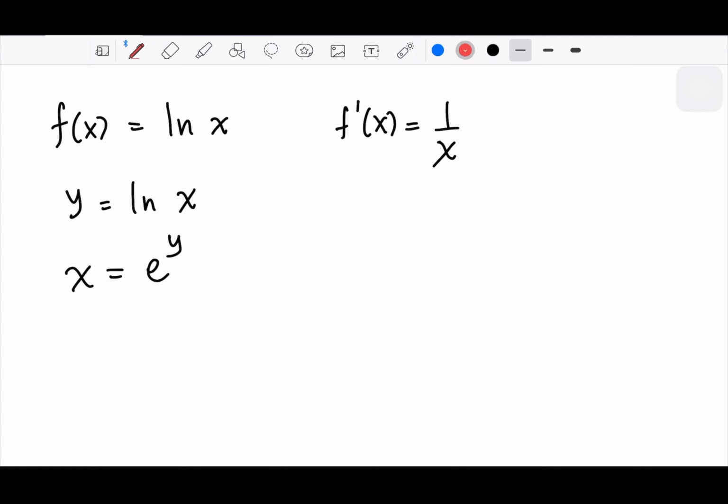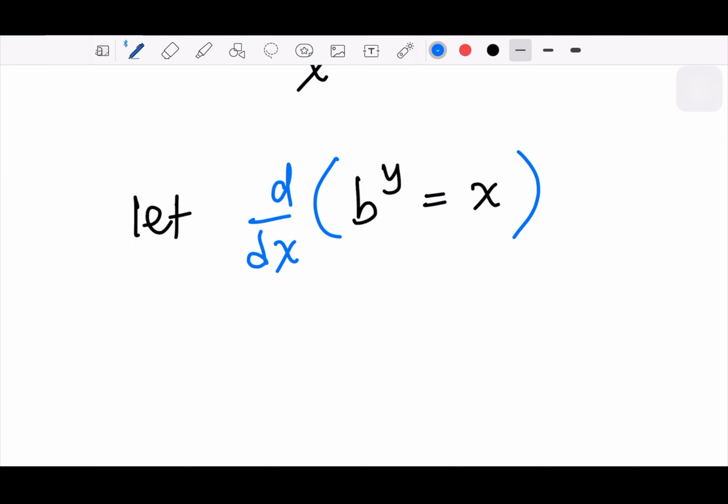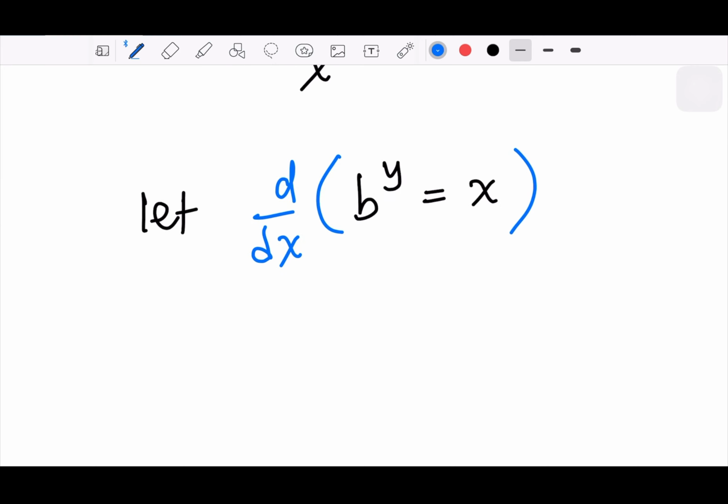So let x equal b to the power of y. If we take x on the right to make it clearer and differentiate, remember b to the power of x or e to the power of x is still the same, but we need to multiply by dy over dx for the implicit.